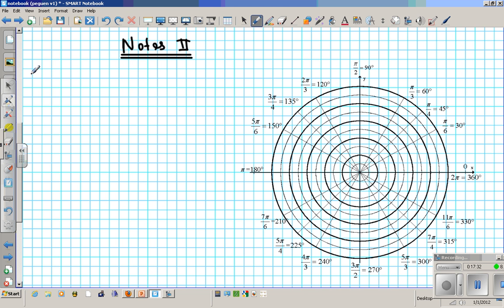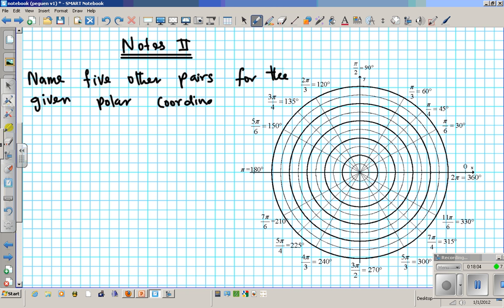So in your notes, write down: name 5 other pairs for the given polar coordinate.